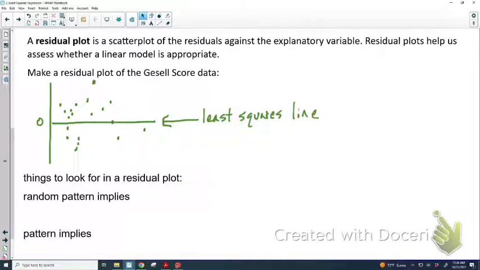All right. So there's our residual plot. I would say there is no pattern in the residual plot.